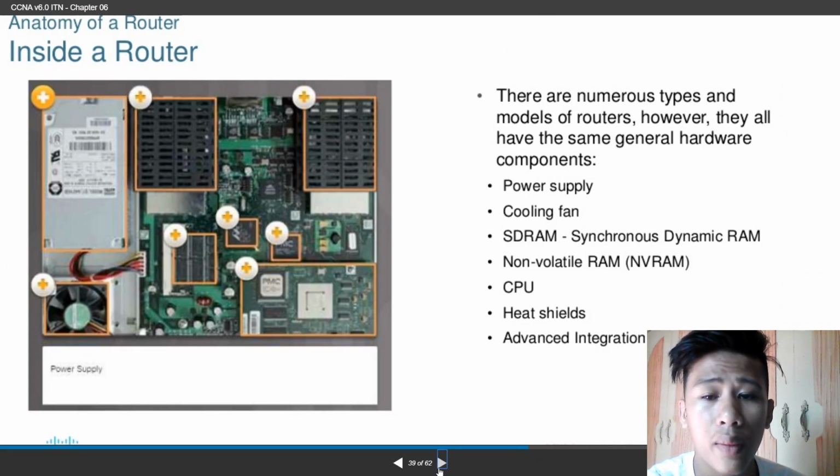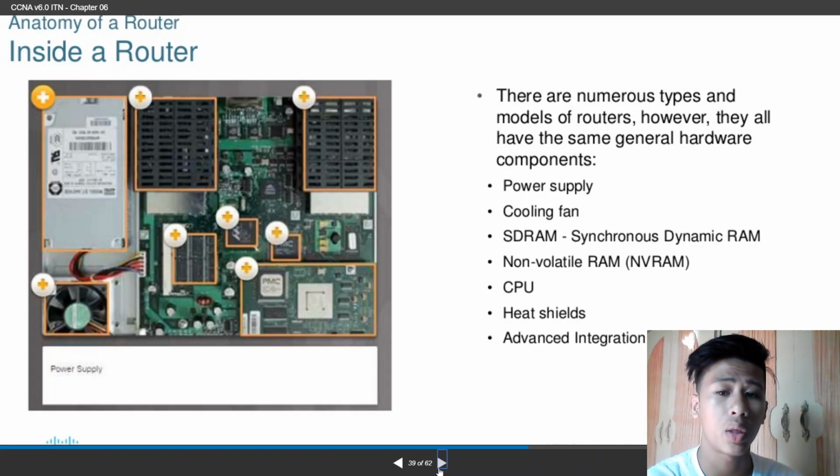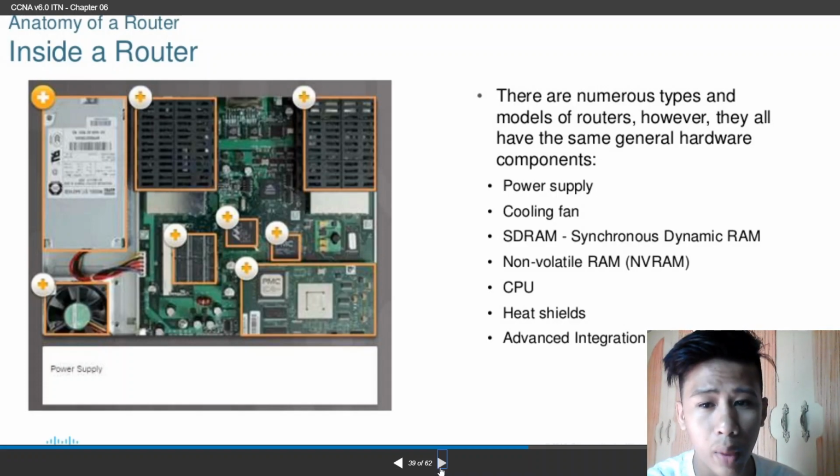There are numerous types and models of routers. However, they have the same general hardware components: the power supply, the cooling fan, SDRAM (synchronous dynamic RAM), non-volatile RAM or NVRAM, and the CPU heat shields.